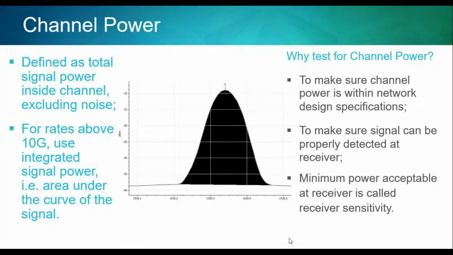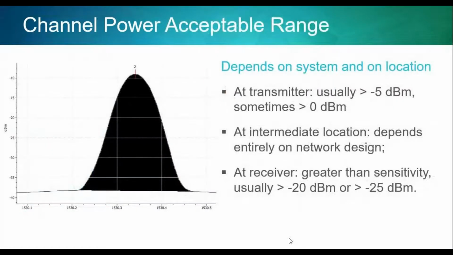There are tolerances in terms of the minimum power acceptable at the receiver, what we call the sensitivity. So that's why you need to make sure that you're measuring the power. In terms of the ranges, again, it depends on the type of system at play and on the location where you're taking the measurement within the system, right? At the transmitter, usually you'll be around minus 5 dBm.